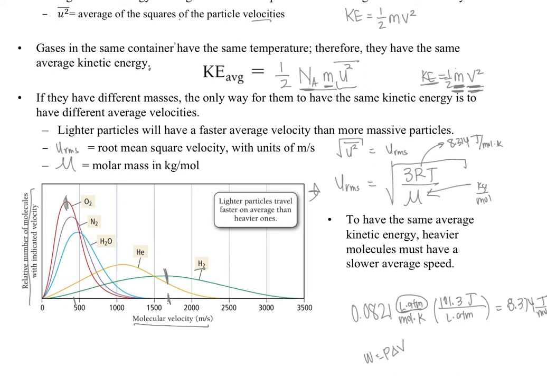Notice also that the total number of molecules is going to be the same. So if I have more molecules going faster, then my total height is going to be lower, because the area under that curve has to be the same for hydrogen as nitrogen as water and so on. When I have something moving slower, the peak is going to be higher, meaning I have more molecules at that average speed than something that's moving a lot faster.